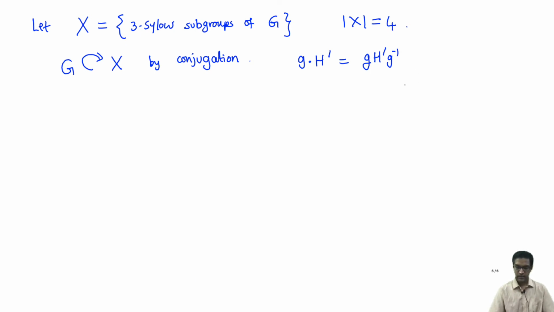Okay, and what Sylow theorem 2 tells us is that all the Sylow subgroups are mutually conjugate to each other, right? So Sylow 2 tells us that this action is transitive. In other words, there is a unique orbit. Or to use a word which we introduced in the earlier problem session, this action is transitive.